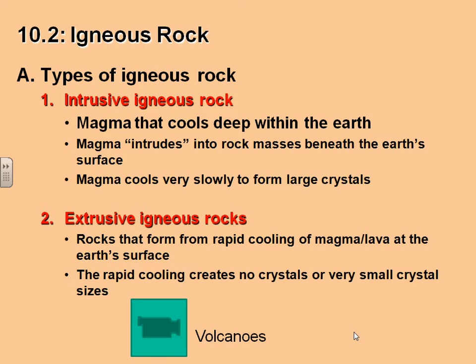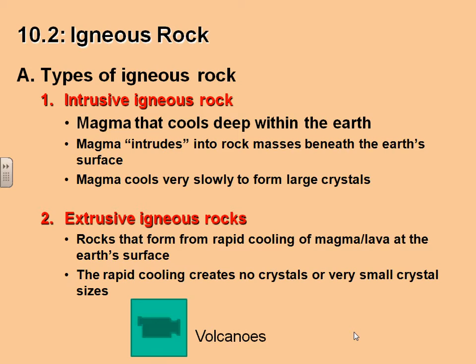But when we talk about intrusive, it means on the inside, it cools very slowly. Why? Because your earth is an insulator, right? Makes sense, right? So we have magma that's in the ground and surrounded by all this other dirt and rock and whatnot.